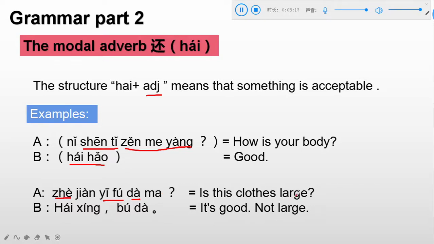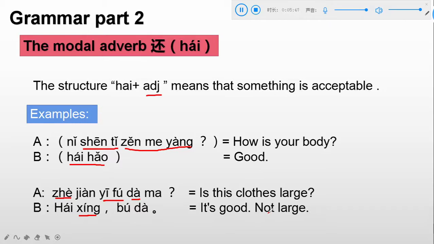Here I prepared the word large. So, is it large and big? 还行，不大。行, in Chinese, means okay. So 还行 is okay. 不大 is not big, so not large. In English we can say it's okay, not large. Just in the middle of something.